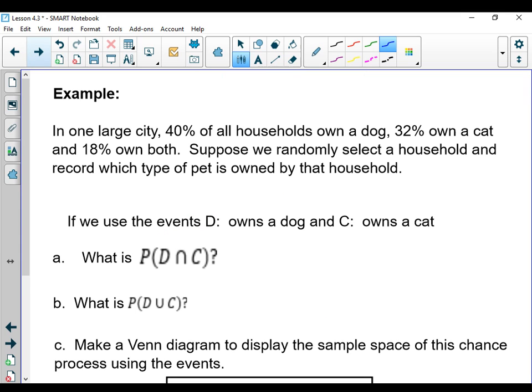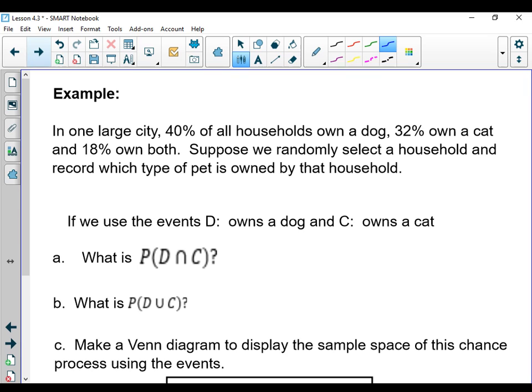All right, a lot of information here, but let's do this last one. Here's our situation. In one large city, 40% of all households own a dog. 32% own a cat. 18% own both.